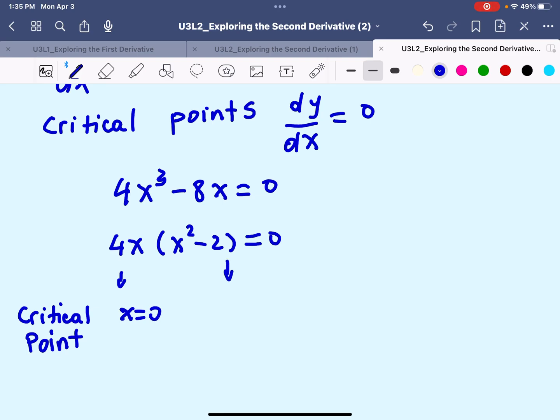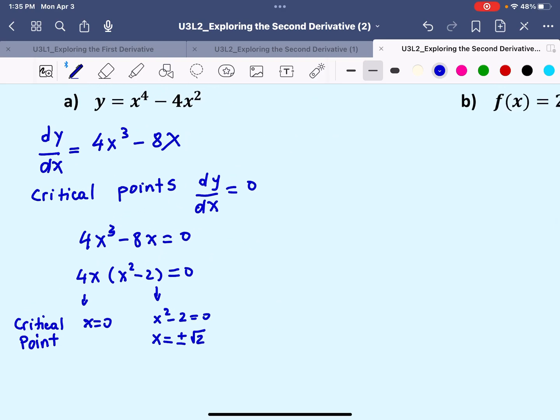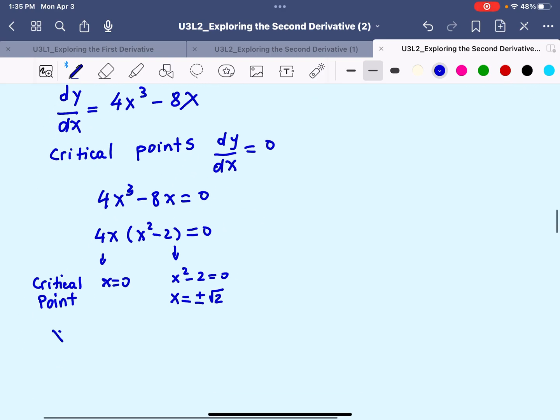And the others are found by making the second factor equal to 0, which means that x is plus or minus the square root of 2. So far we have figured out that the critical points are at x equals 0, x equals square root of 2, and x equals negative root of 2.